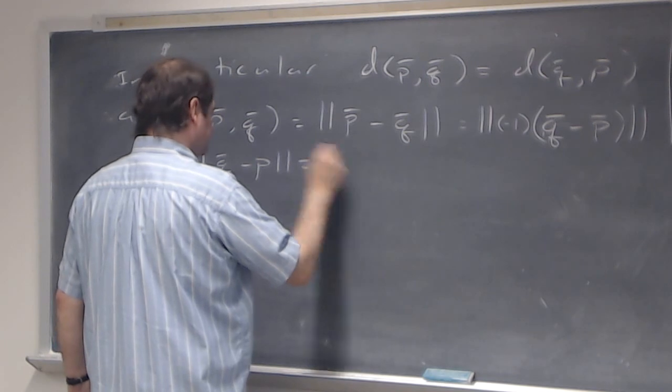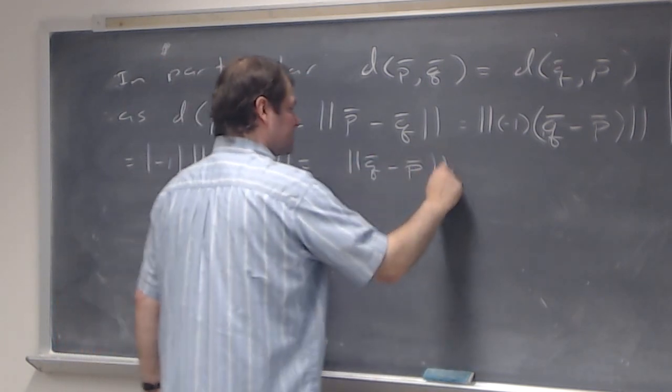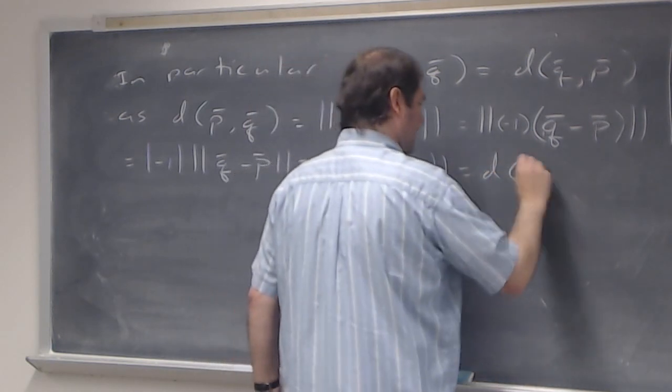So this is the norm of Q minus P, which is the distance between Q and P.